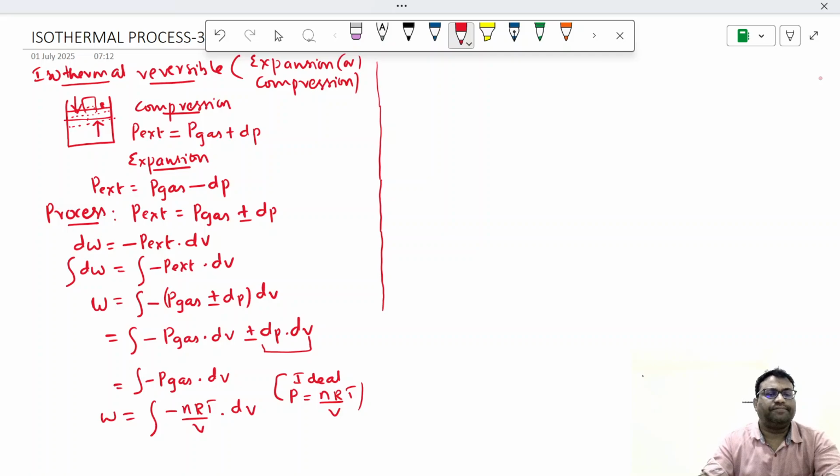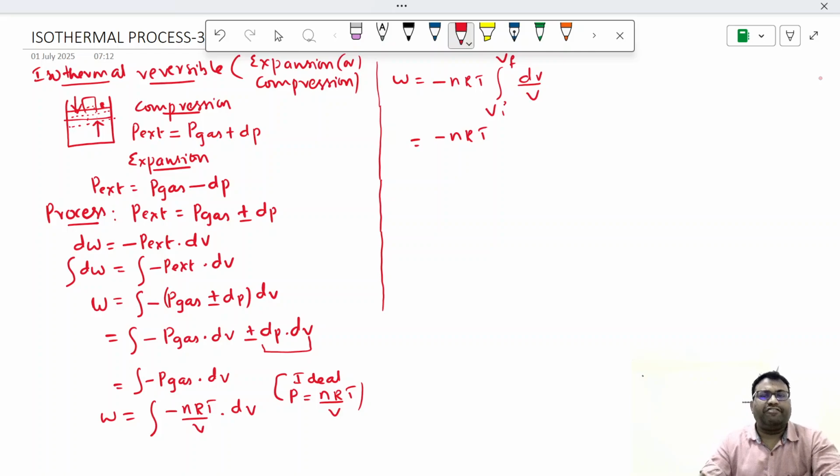Now let us separate the constants. Work done is equal to minus nRT, then integration of dV by V from V initial to V final. Then what do you get? Minus nRT, integration of dV by V gives you ln V, with limits V initial to V final.